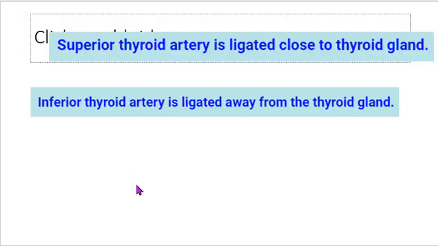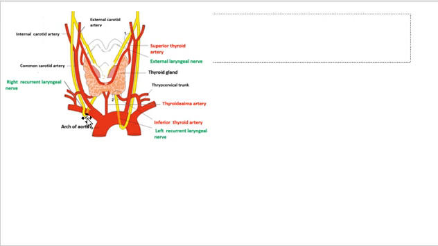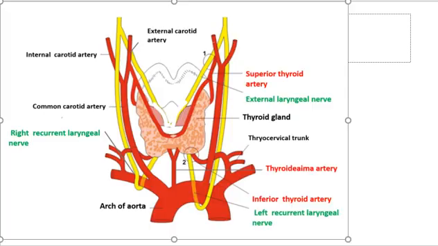Superior thyroid artery is ligated close to the thyroid gland, and inferior thyroid artery is ligated away from the thyroid gland. Why? This is the superior thyroid artery.